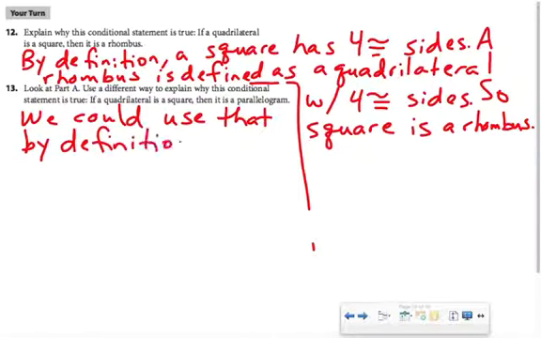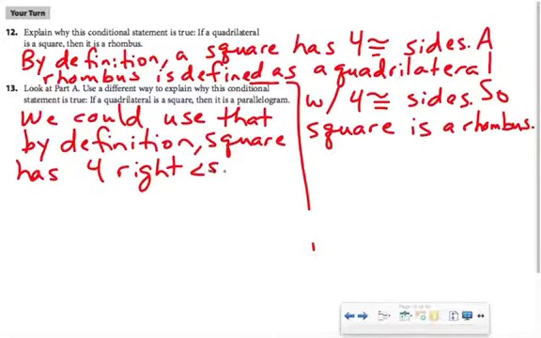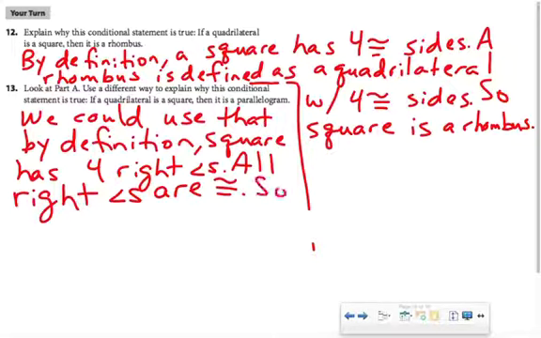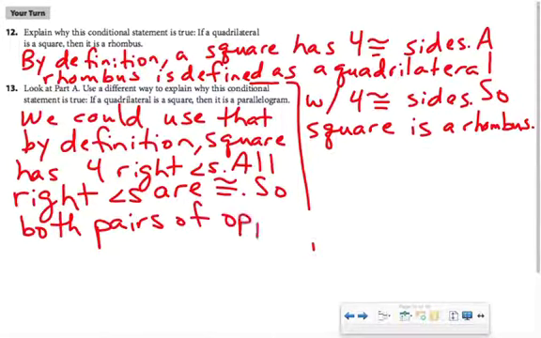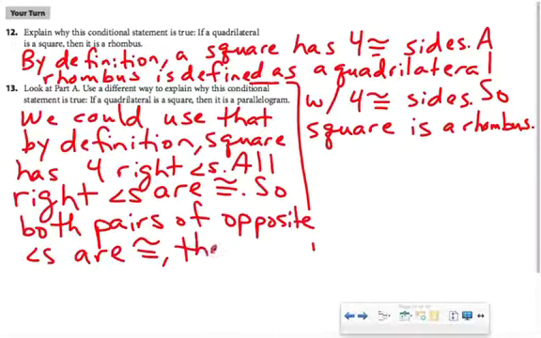So by definition, a square has 4 right angles. All right angles are congruent. So both pairs of opposite angles are congruent. Therefore, a square is a parallelogram.